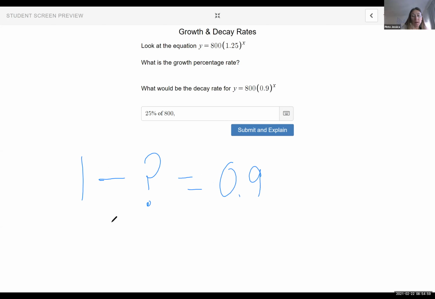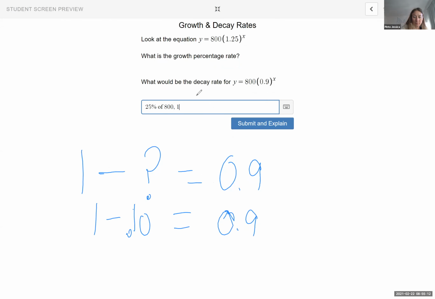So I know that it's 1 minus 0.10 is equal to 0.9. And so this is 10% decay of 800 again.